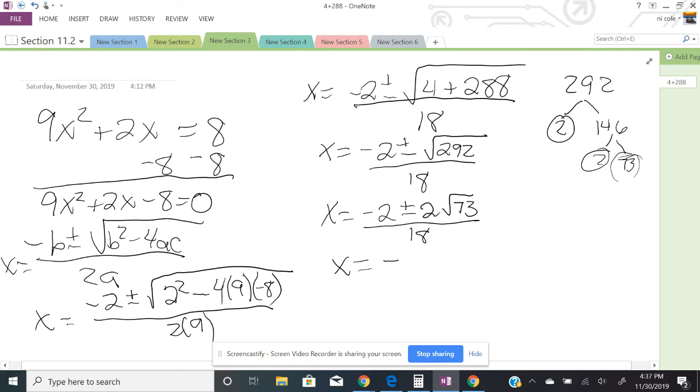That is negative 1 plus or minus the square root of 73, all over 9. This is a reason why you have the quadratic formula, because this isn't a nice number. We don't know exactly what it is. We could get a close estimate, but nothing better than that. So that's why you might use the quadratic formula.